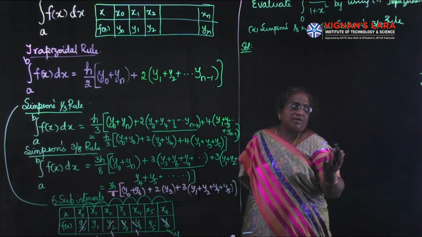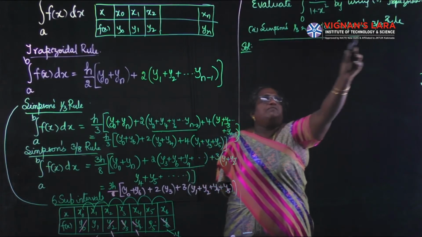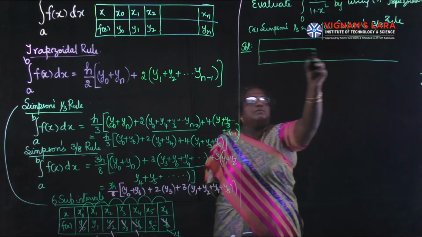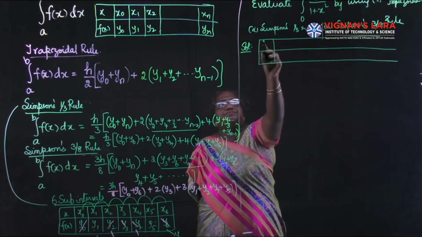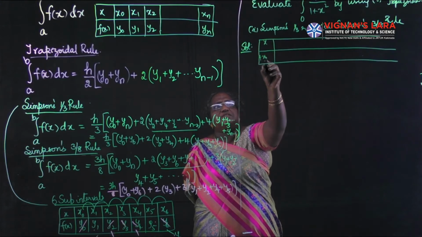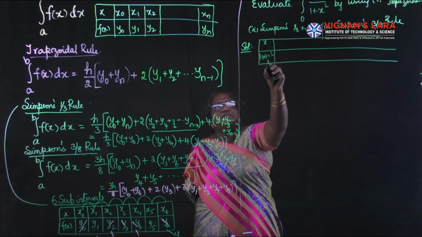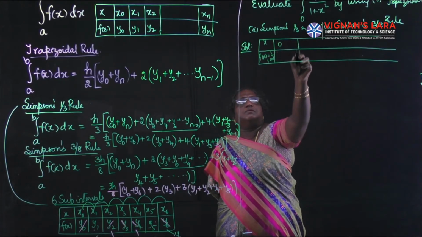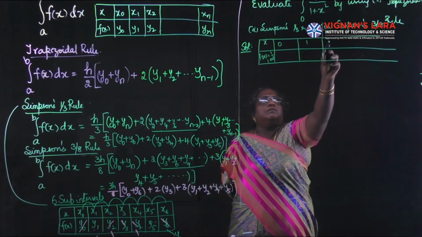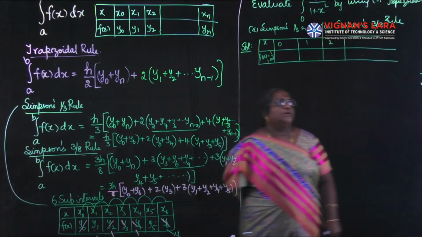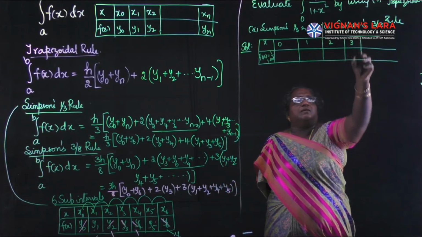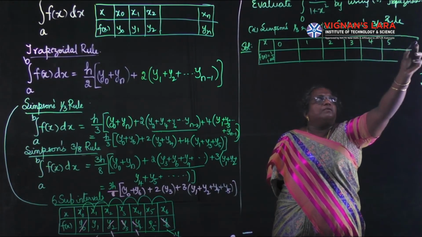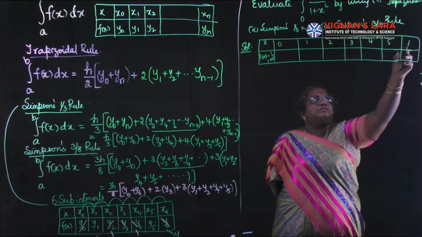Correspondingly now we have to prepare the table. x, and our f of x is 1 by 1 plus x square. x0 is 0, we start with 0, 1, 2, next 3, 4, 5 and 6.